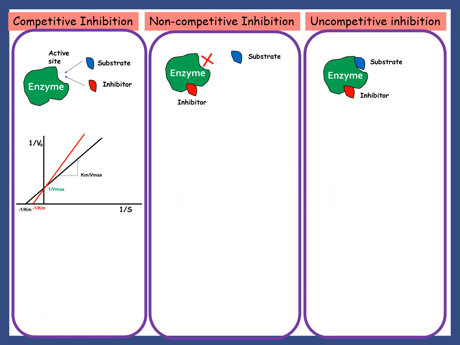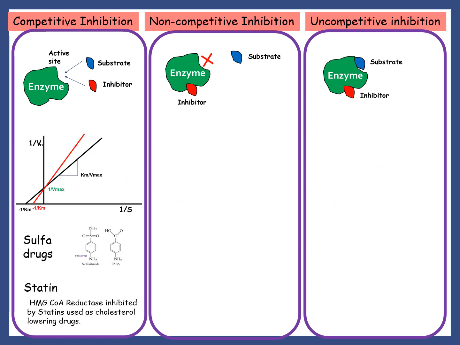Okay. So now let's have some examples of each one of them. Sulfa drugs are competitive inhibitors of PABA, and PABA is a precursor which bacteria use to produce their folic acid. Humans cannot produce folic acid, so we need that in our diet, but bacteria use their metabolic pathway where PABA is a precursor to produce folic acid.